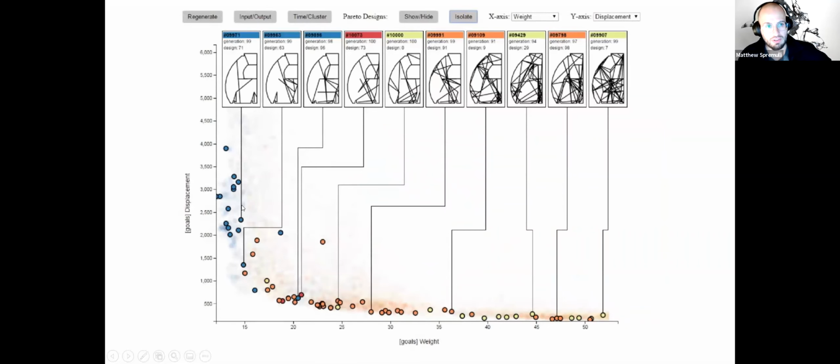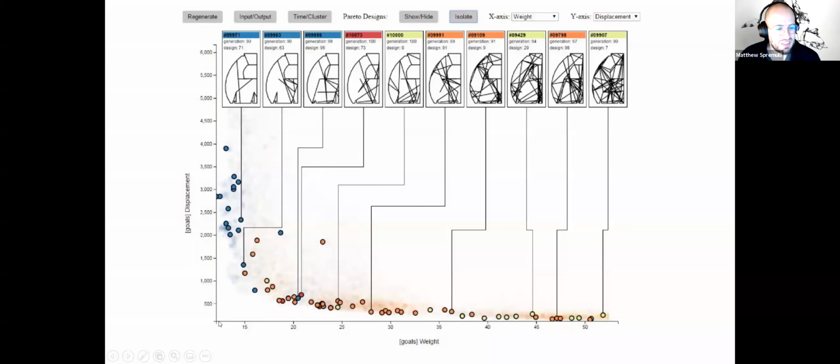There's going to be lots of different options. These are all of the different iterations that were made. There were 10,000 designs that were automatically generated. And here you can see some of them highlighted. Here is weight, and on the bottom towards the right, they get heavier. And you can see that the displacement is very low, which is great, except that they're too heavy.